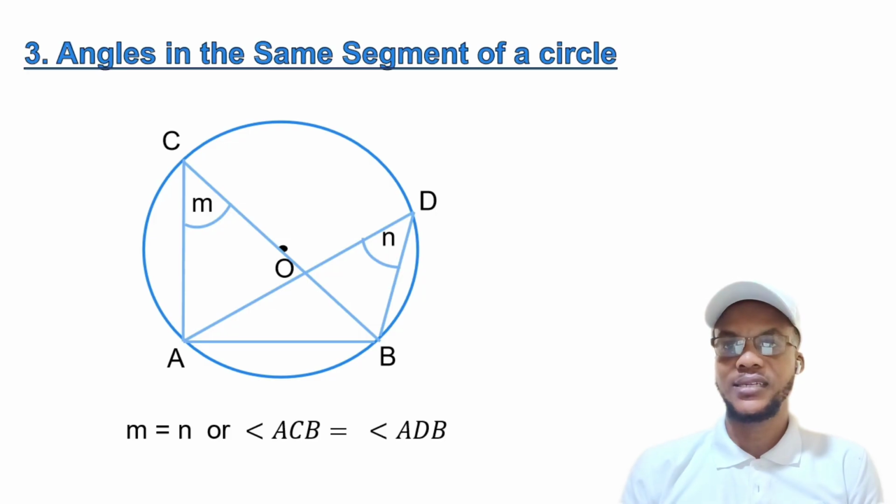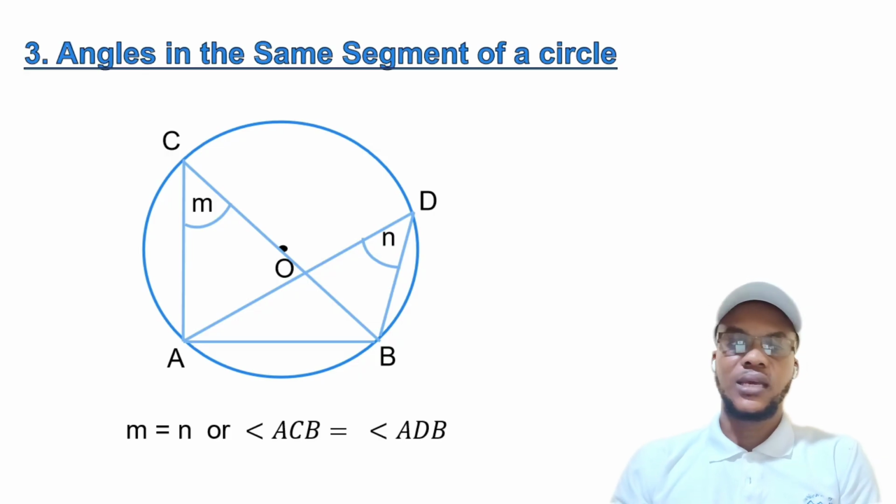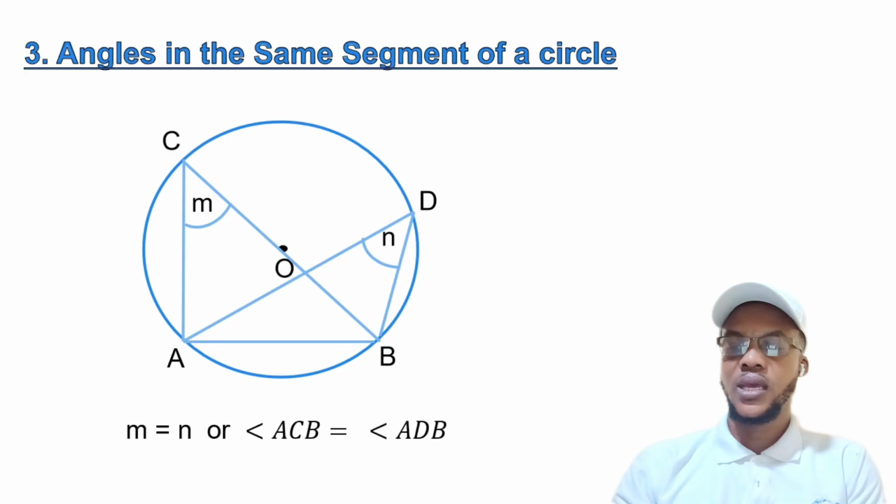At times, we give students such questions just to confuse them. But if you understand what you are doing, because we always say that understanding of the question is also part of your solution. Once you understand the concept that once they are sharing the same chord, then they are equal, it doesn't matter how the diagram looks. So M is equal to N.